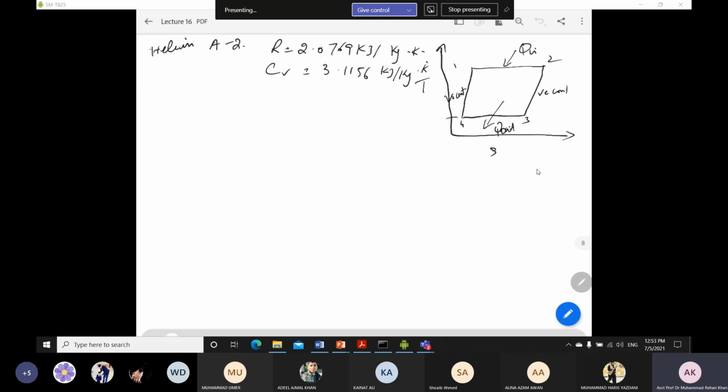And in your question it is mentioned that the lowest temperature limit is 300 Kelvin and the highest temperature is 2000 Kelvin.